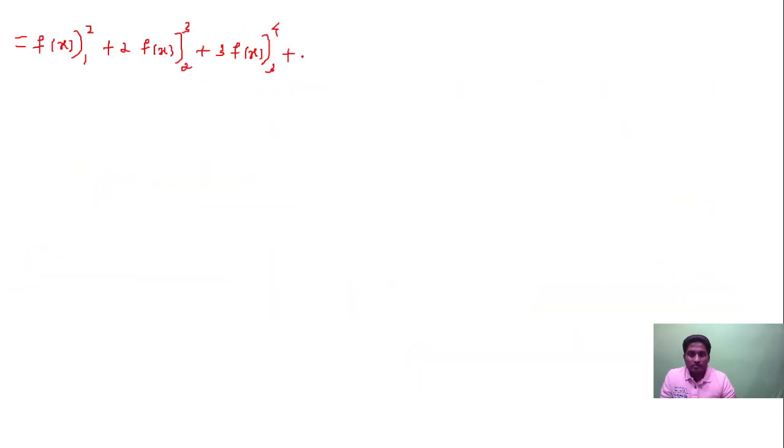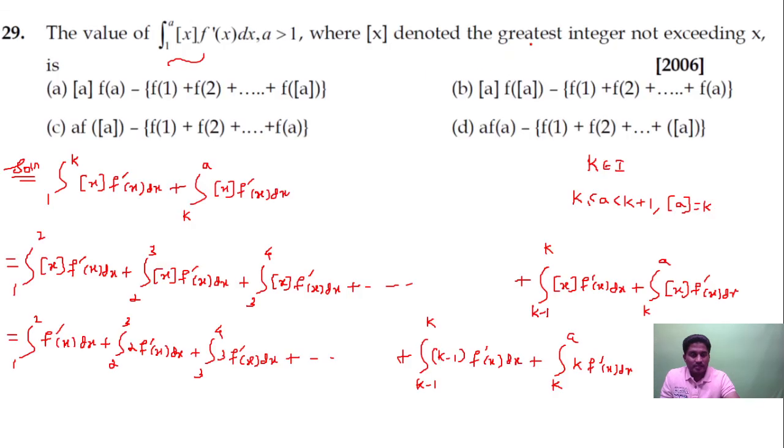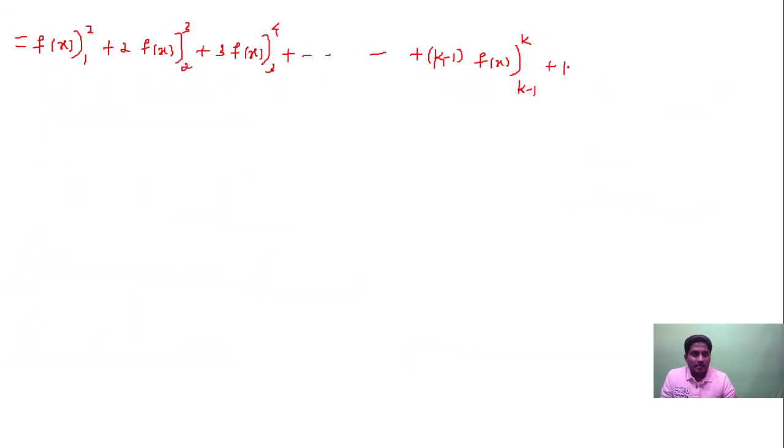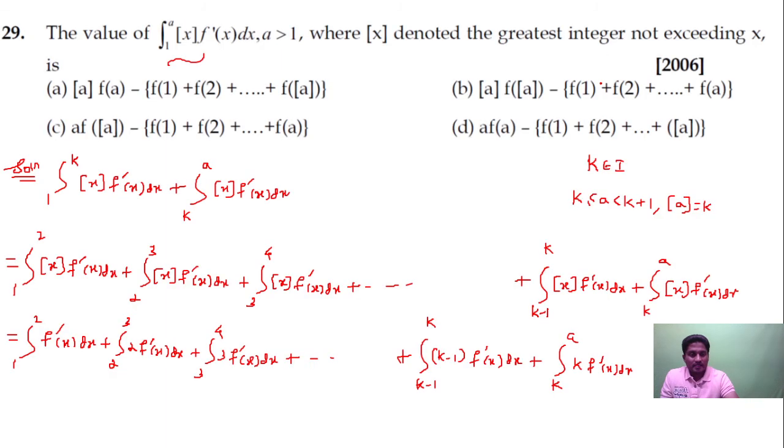This will continue. This is k minus 1, f dash of x will be equal to f of x between the limits k minus 1 to k, and then plus k into f dash of x is equal to f of x between the limits k and a.